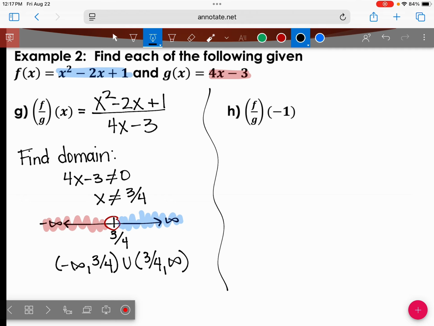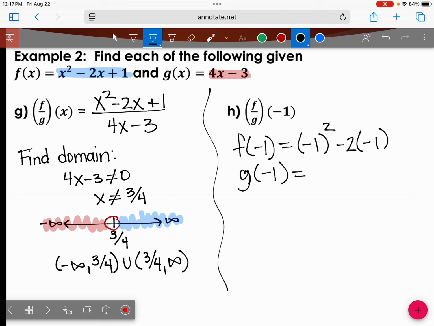Okay, last thing. Let's find f of negative 1 and g of negative 1. So f of negative 1 would be negative 1 squared minus 2 times negative 1 plus 1. See what you get. 4 times negative 1 minus 3. See what you get.